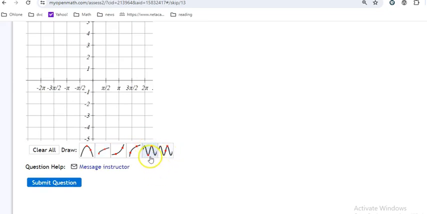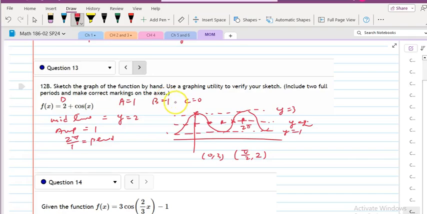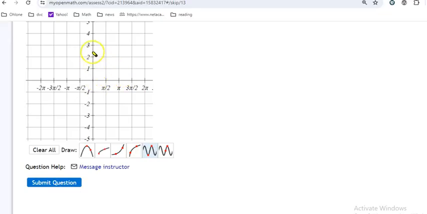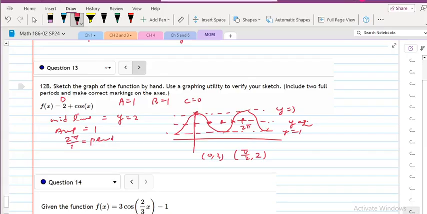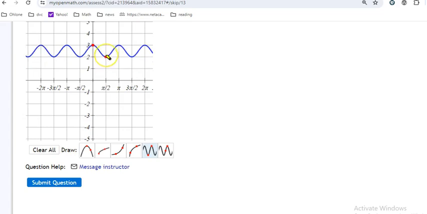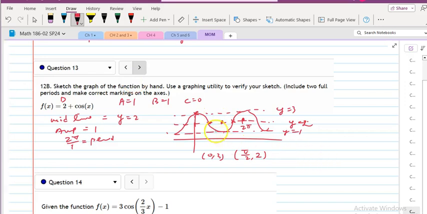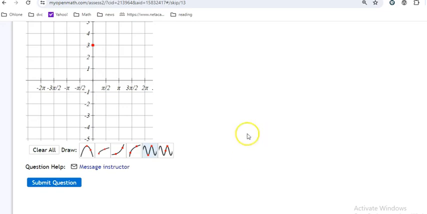Oh, go the lowest first. Okay, so can I go the highest first? What was it? 0, 3? 0, 3. And then pi over 2 is 2. Oh no, pi over 2 is not 2. Pi over 2 is 1, right? Because, oh no, pi over 2 is the intercept.